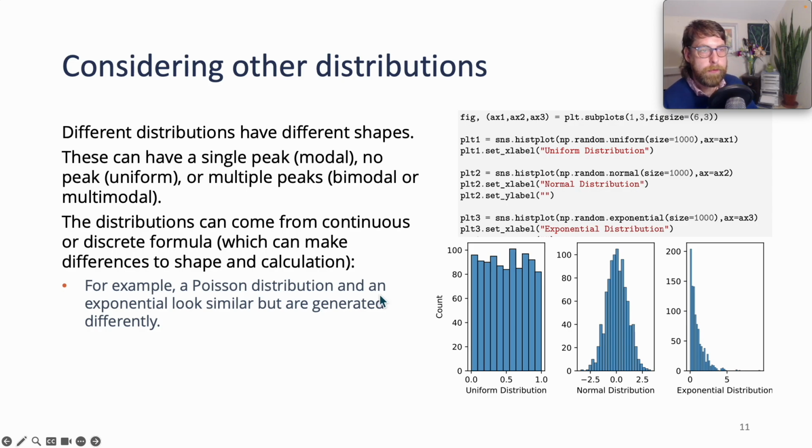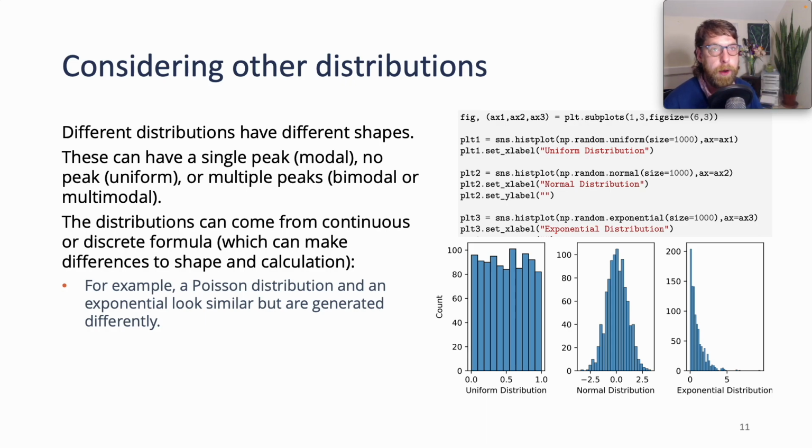Now, different processes can be used to create distributions that have similar shapes. Here we have an example of a Poisson distribution and an exponential distribution. They're calculated differently because they're based on different ways of drawing random numbers, but they both end up being pretty skewed.